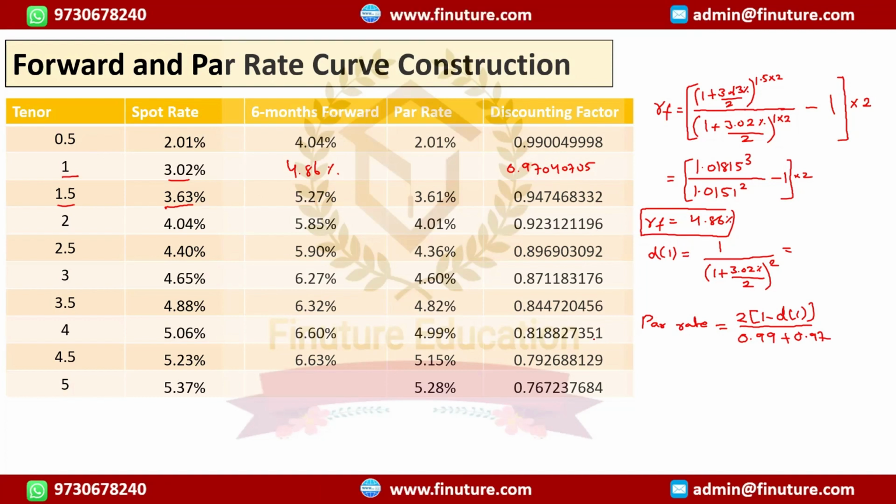And I'll do 1 minus 0.99 into 2. And I'll multiply this by recalling 1. So it's around... just give me a moment. I think there is some mistake.